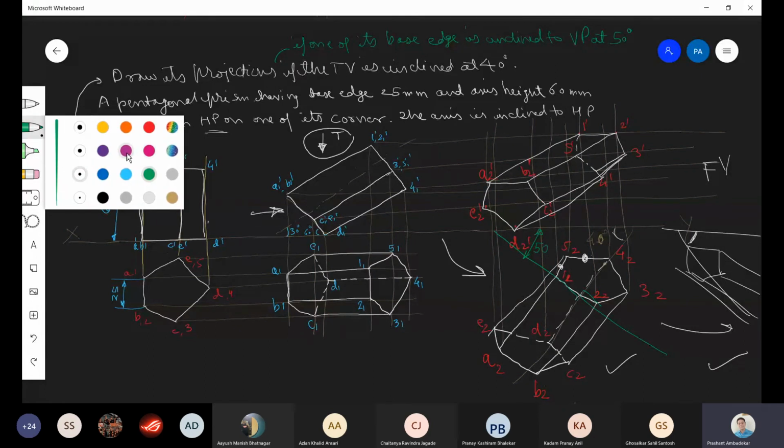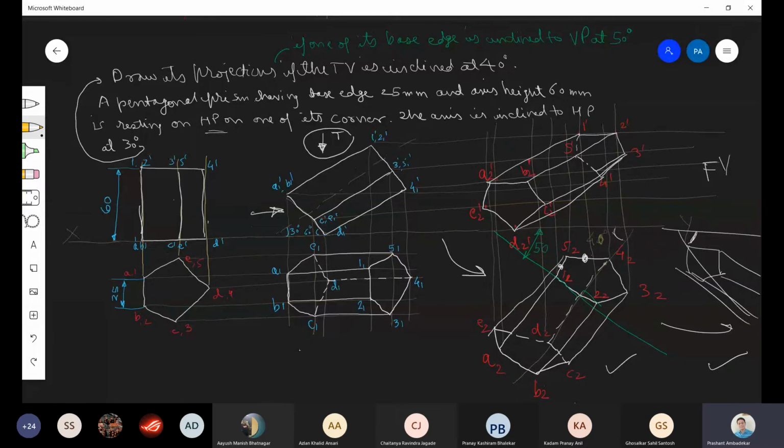make one more change in the question. Green is used, blue is used. Can we use this one? Draw its projections if the longer edge makes 40 degree to VP.